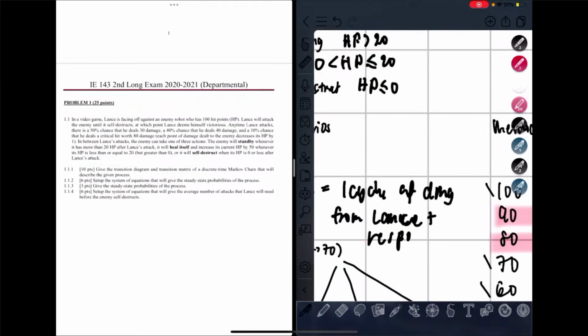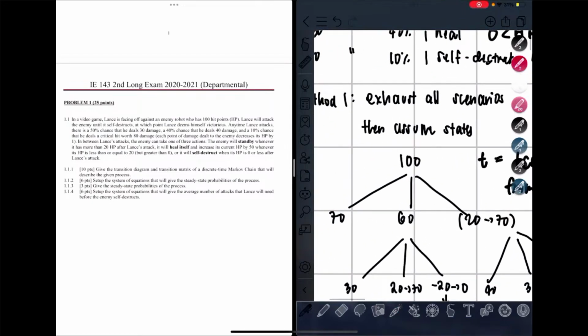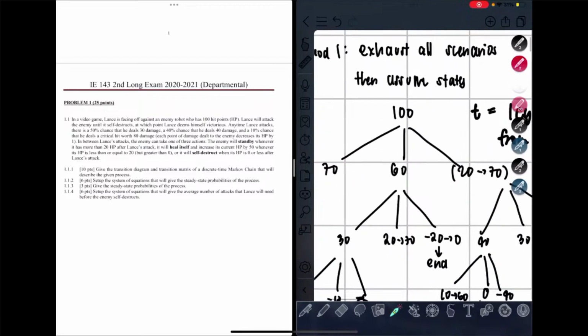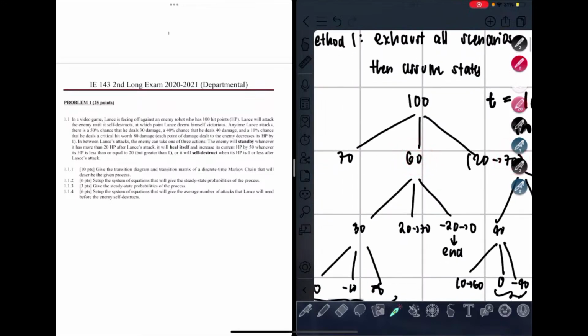So one damage from Lance, one response from the enemy. That means that at the start, your state is basically before they do that exchange, where Lance does something and then the robot does something. That's a bit confusing, sorry, but I hope it makes sense that these two scenarios you can treat as the same. Those are fundamentally the same states. So from 100 can be 60 or 70. We repeat the same process.